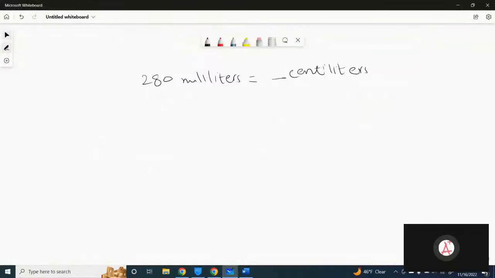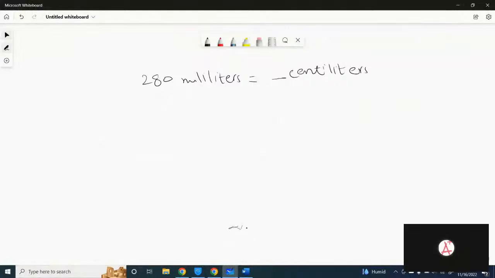So you have to convert from 280 milliliters to centiliters. So you have to use the basic units.